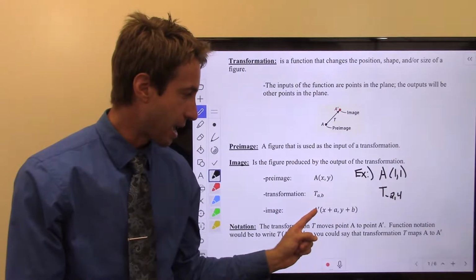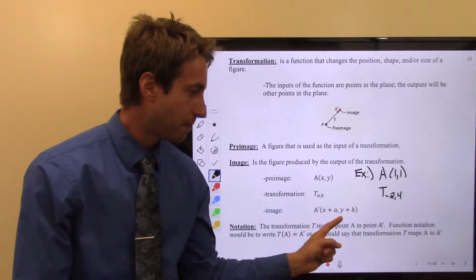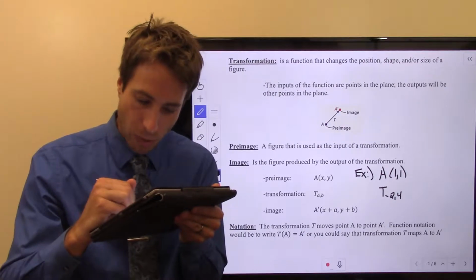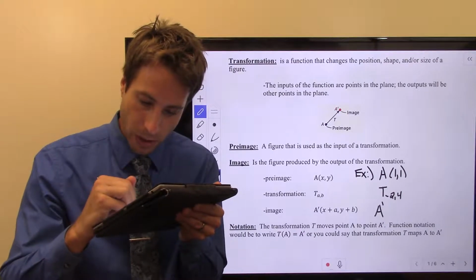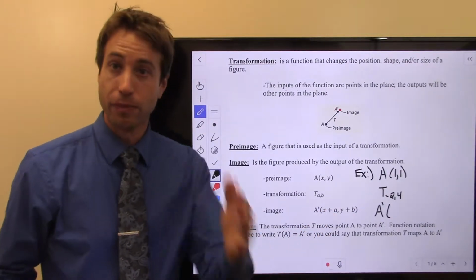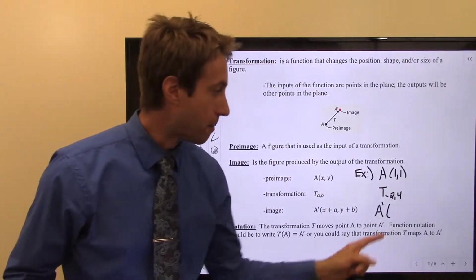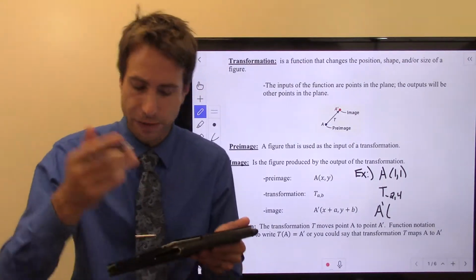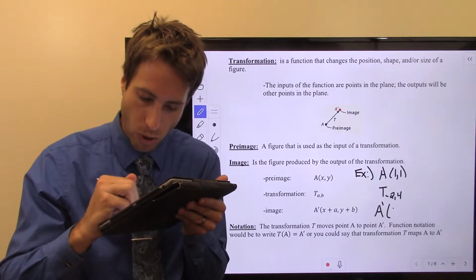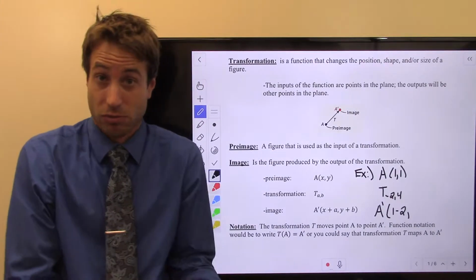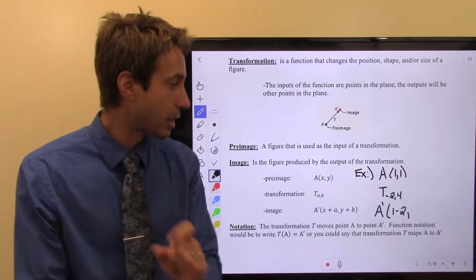A prime would be x plus A, y plus B. Let's do that. My A prime would be x plus A. Well, I have a 1. My A is a minus 2. So 1 plus a negative 2. You could simply write that as 1 minus 2. That's performing the transformation. Great, keep going.